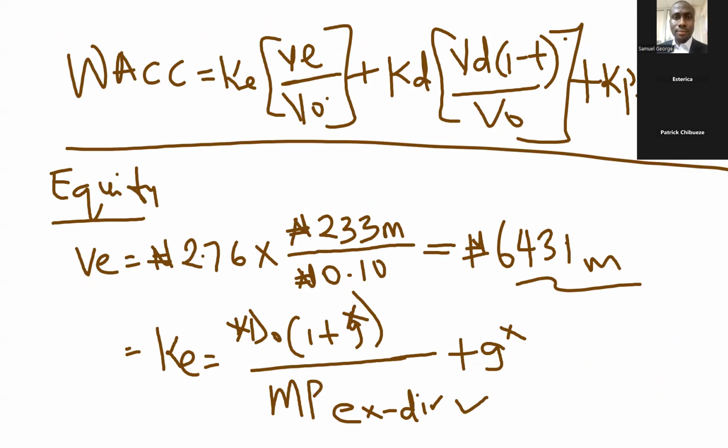Now, very quickly, if we have dividend, we can get retained earnings. Do you know the formula for retained earnings? Profit after tax minus dividends. Good.